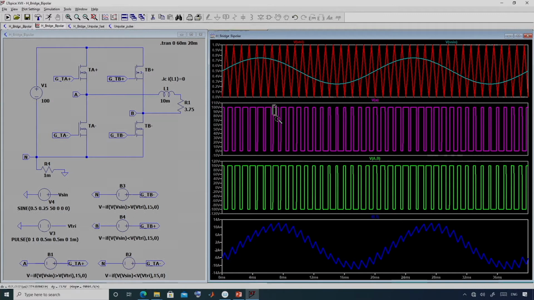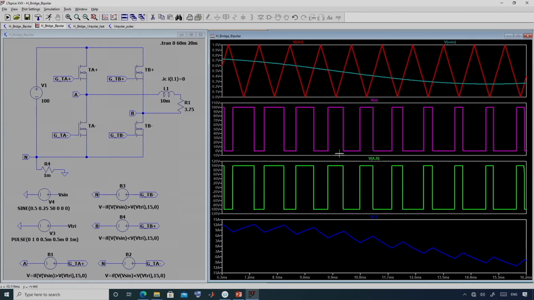You can zoom in and see that whenever the reference is greater, the upper switch is on, and so the leg voltage becomes equal to VDC, which is 100 volt here.